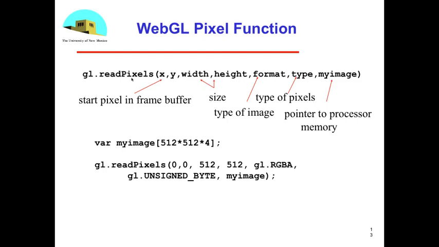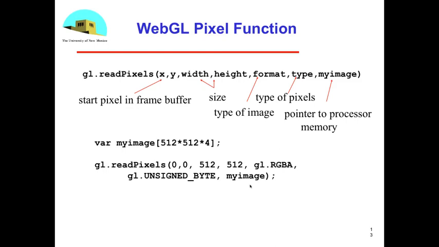They're going to have to be unsigned bytes. I think that's required in WebGL. There's more flexibility in desktop GL, but images in WebGL are RGBA, and everything is organized as unsigned bytes. There may be extensions in some systems you're using, but these are the only possibilities standardly. And then you give it a pointer to where you want those pixels to go.